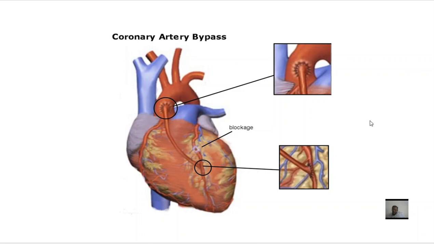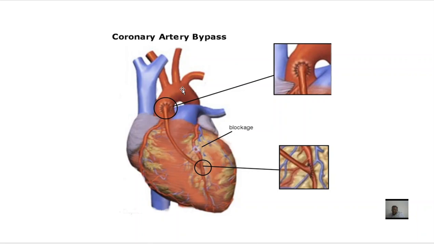Systemic circulation is when the ventricle pumps, the blood goes to the aorta, and from the aorta it goes to the entire body. That is called systemic circulation. One more circulation is a specialized circulation called coronary circulation.